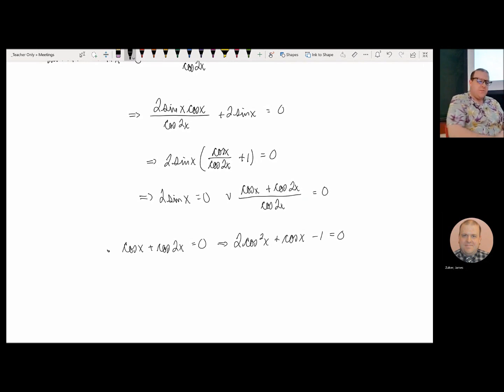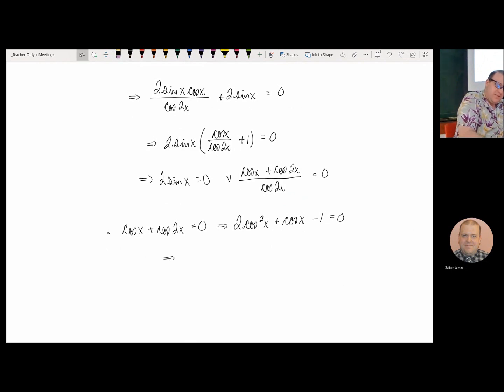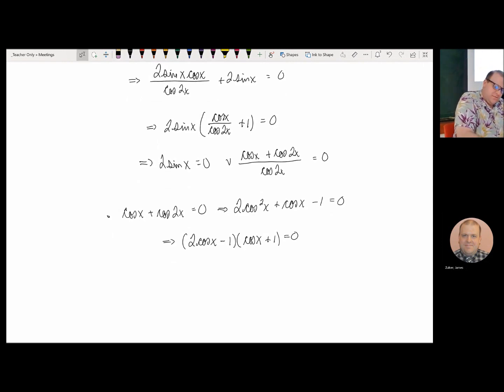That would mean that 2 cosine squared plus cosine minus 1 is 0. Two cosine minus 1 times cosine plus 1 is 0. That means cosine is a half, or cosine is negative 1.